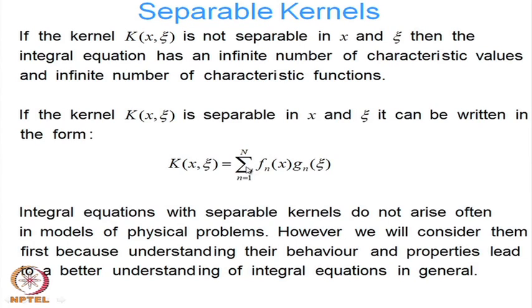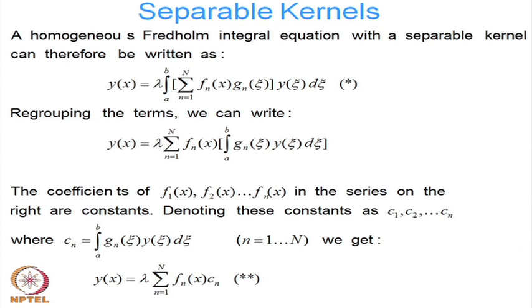Most of the time it is not possible to write out our kernel as the sum from n equal to 1 to n of fn of x gn of xi to separate out the dependence on x and xi. But still we focus on this case because it is simple. First of all, it simplifies things a lot. Number two, it gives us some insight into the general problem.